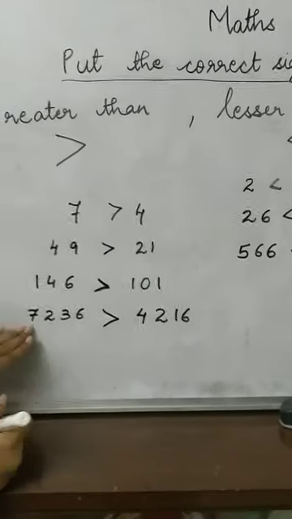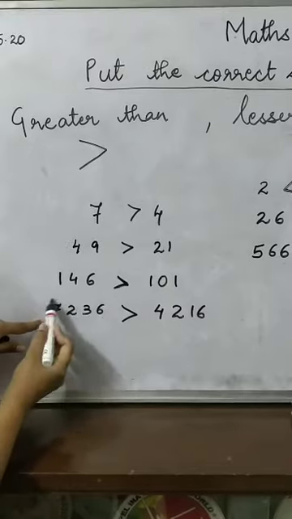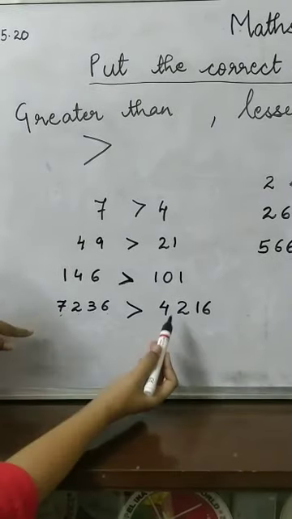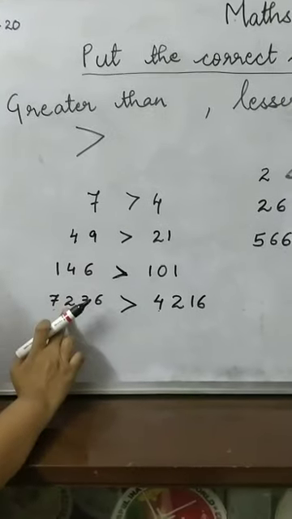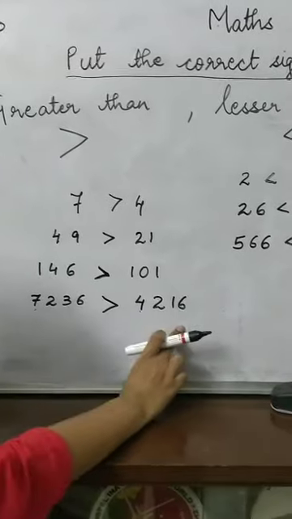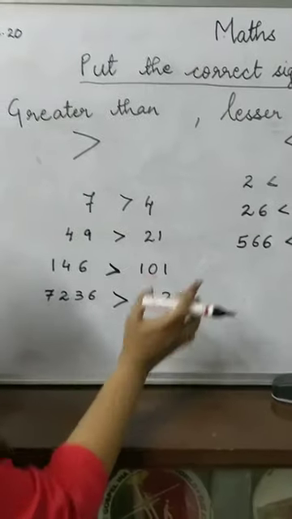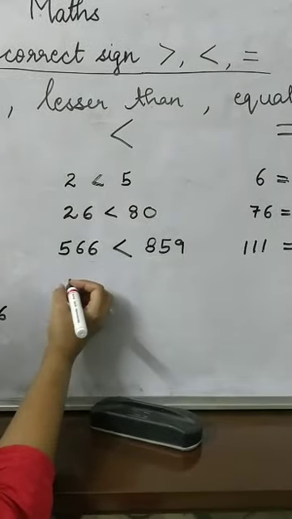When we talk about 4-digit numbers, you are seeing that 7 at the thousands place is greater than 4 at the thousands place. That means this whole number 7,236 is greater than 4,216. Right?